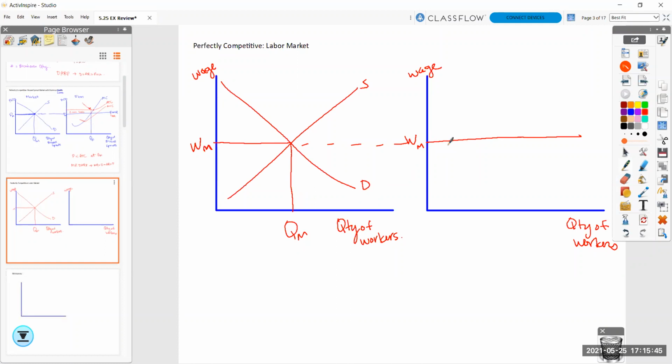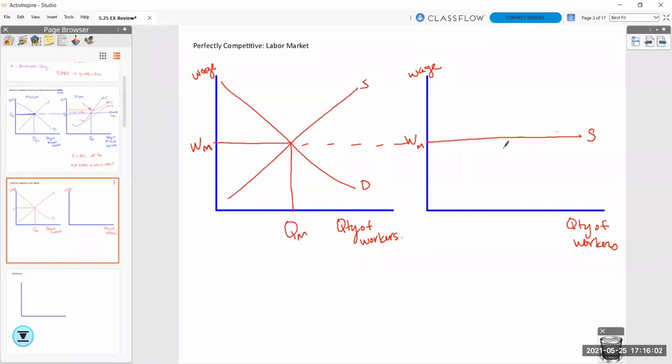Okay. So this is what happened on some of you guys. We have to remember that from the resource side, we are now supplying the resource of labor. So the horizontal is no longer demand. It's going to be the supply. Now, everybody who did this did understand that the supply was the marginal factor cost.